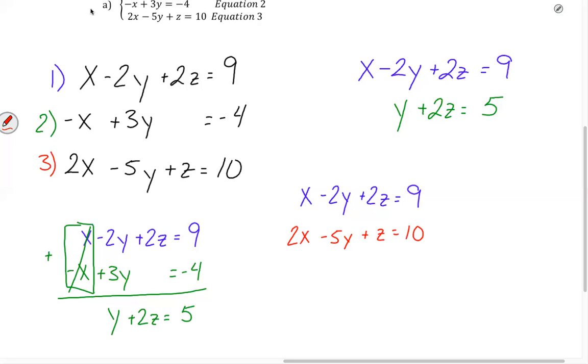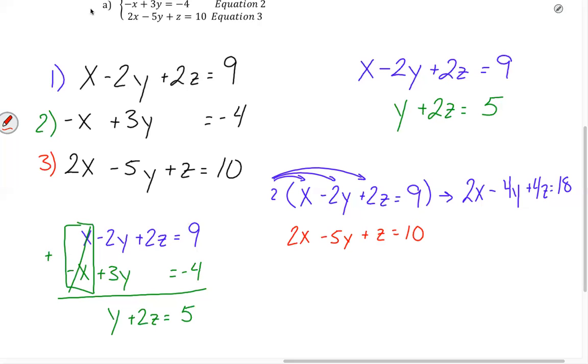And I'm going to eliminate x. This seems kind of weird. So what I'm going to do is multiply this one by 2. See where this goes. This gives me 2x minus 4y plus 4z equals 18.